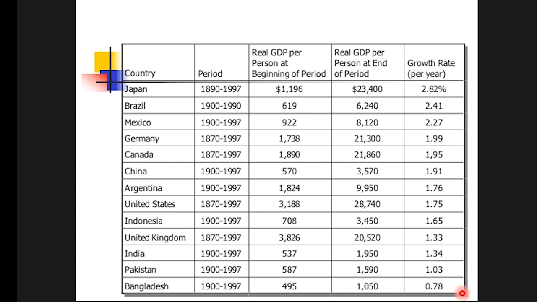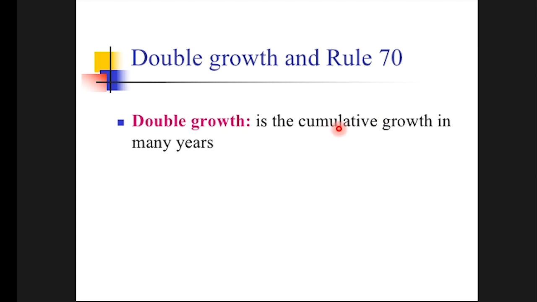But if the growth is cumulated over time, it will make the increase higher and higher. This is called compound growth. If we have continuous growth for many years, the increase in GDP will be higher and higher, and even increase by 100% compared to many years before.